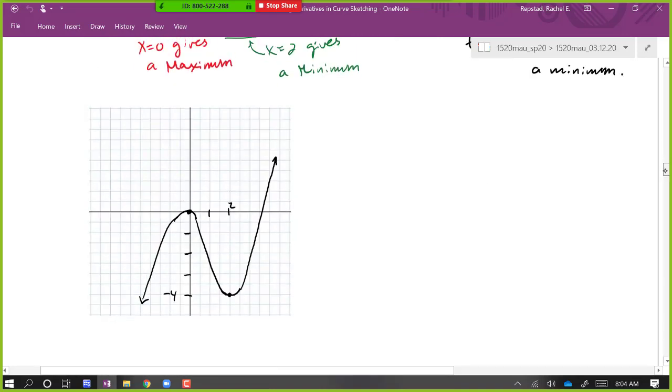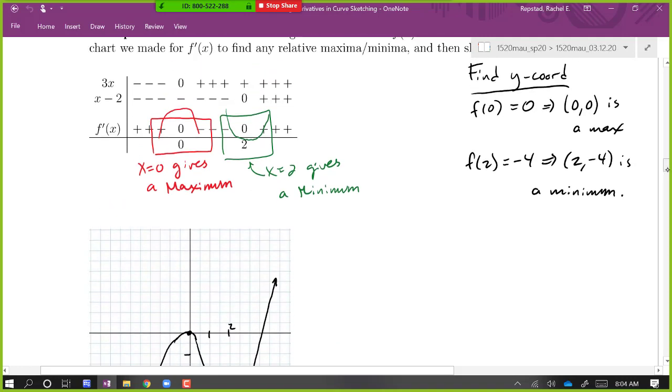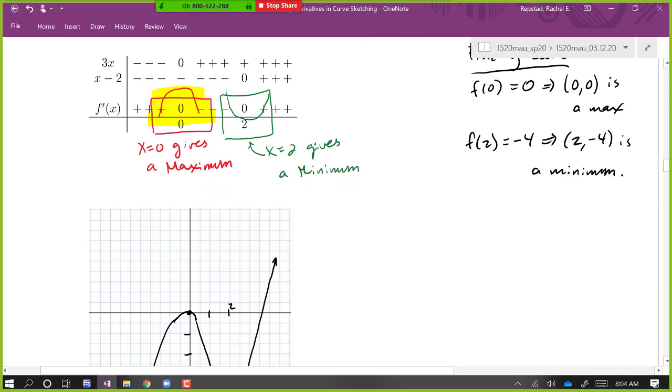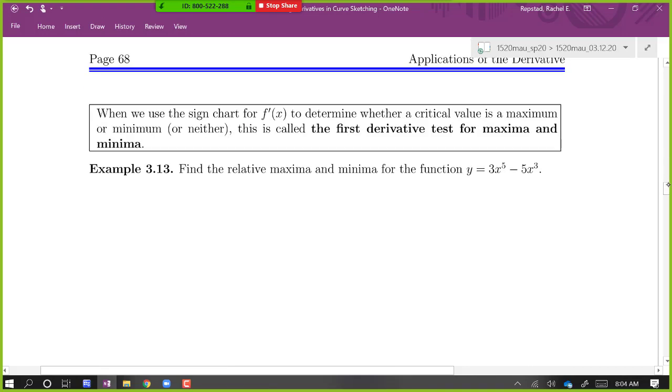When we use this sign chart and we say, oh, the derivative goes from positive to 0 to negative, so that means we must have a relative maximum, we call that the first derivative test for maxima and minima. Just looking for a change in sign.